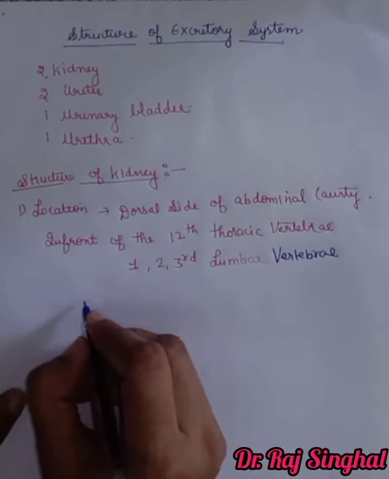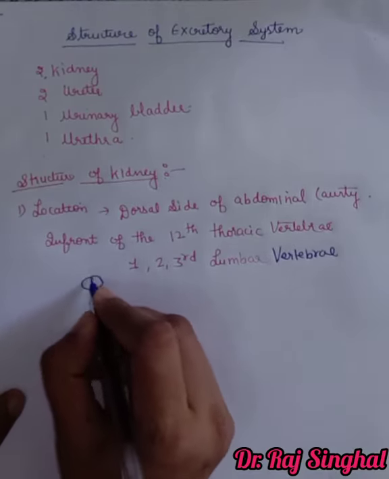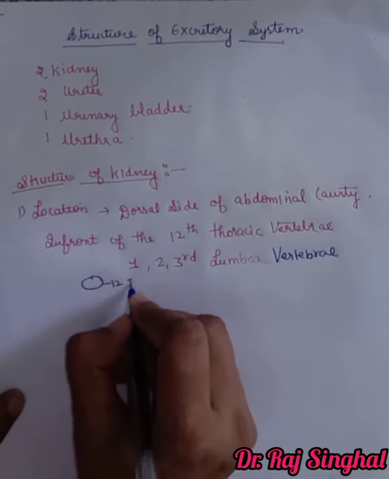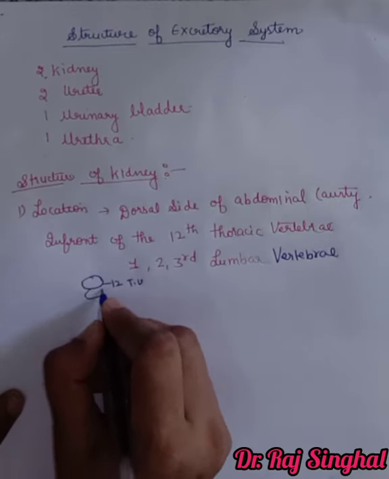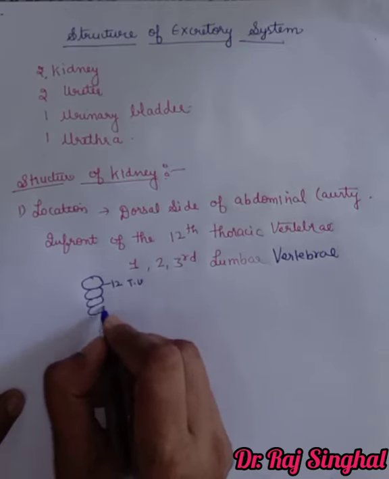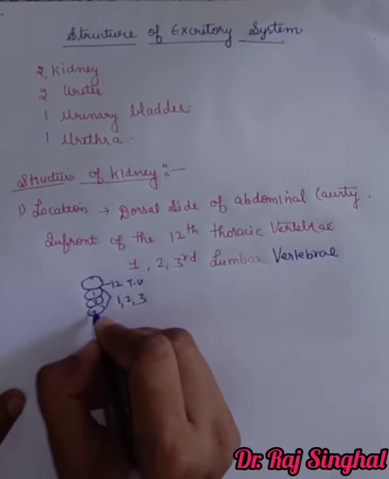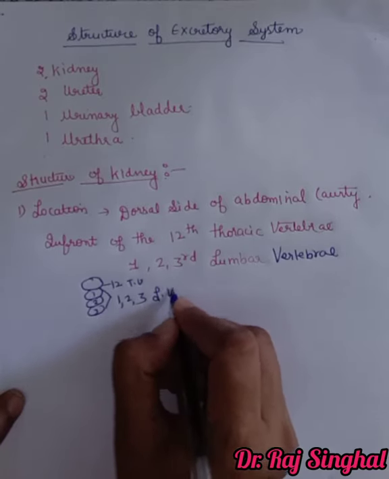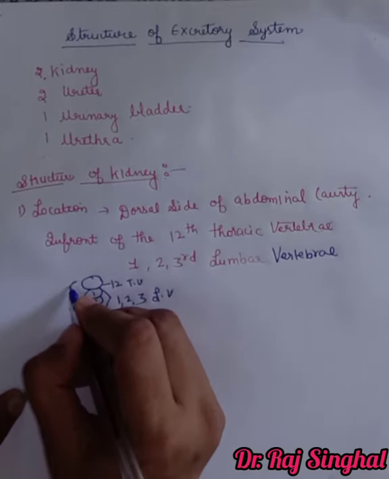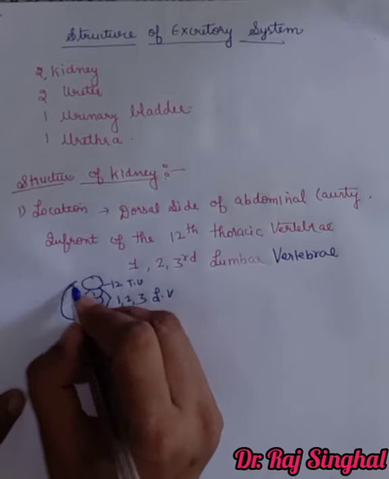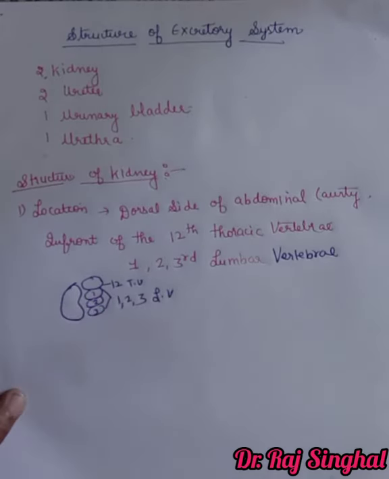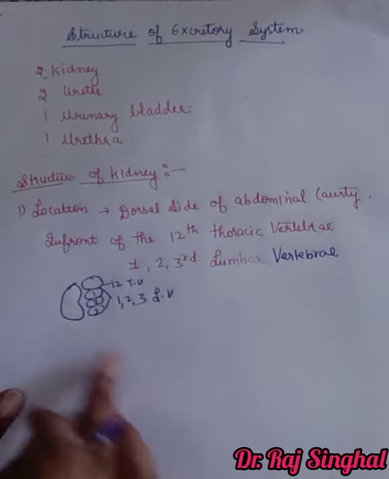That is, suppose this is the 12th thoracic vertebra and these are 1, 2 and 3. Then the kidney is located in front of these vertebrae.